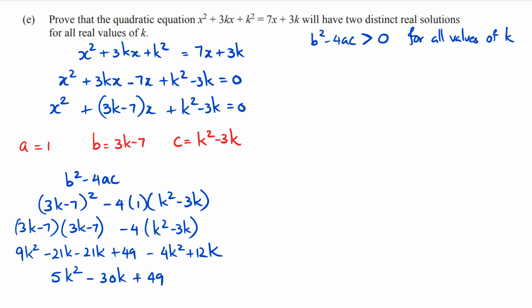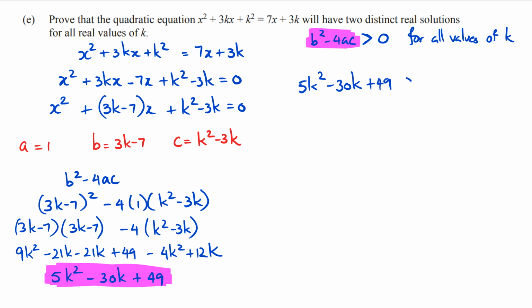Cool. So at this point, this is what our discriminant value is. All right, so we've actually figured out what b squared minus 4ac is. What we need to prove is that 5k squared minus 30k plus 49 has to always be bigger than 0, no matter what value k is.